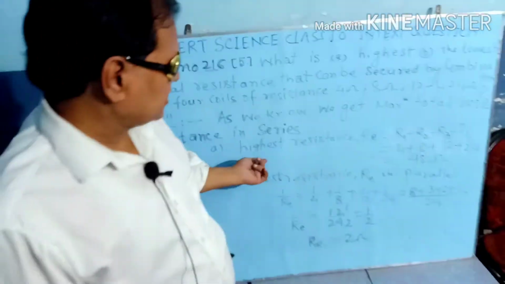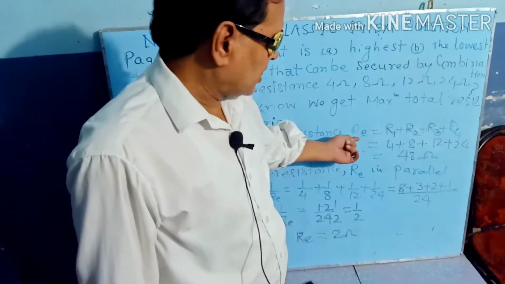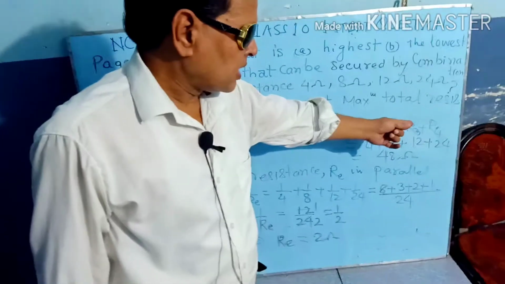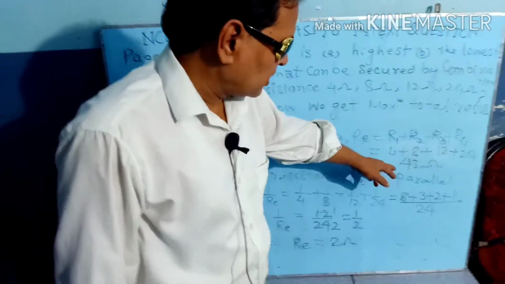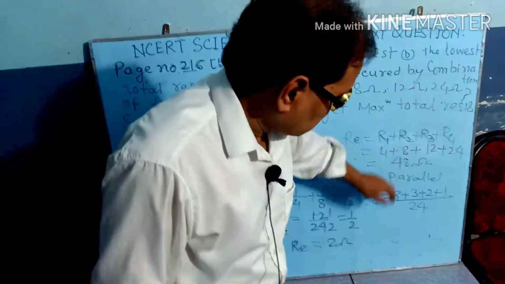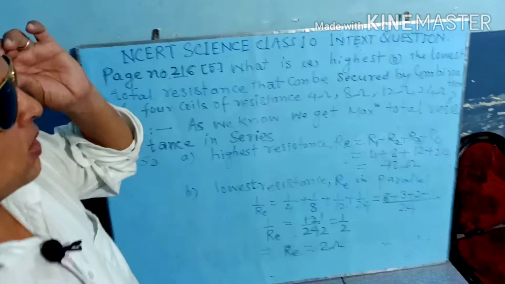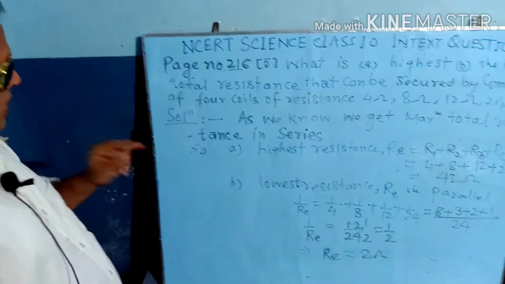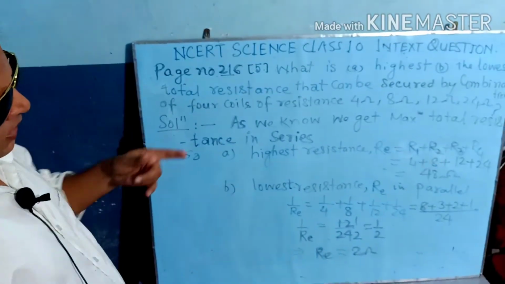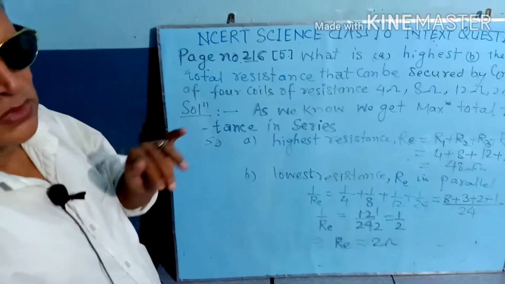So it is clear that the highest resistance can be obtained in series. R is equal to R1 plus R2 plus R3 and R4. Add all the resistances, you will get 48 ohm: 4, 8, 12, 24, 48 ohm. The highest resistance in series will be 48 ohm. Now we have to count the lowest.